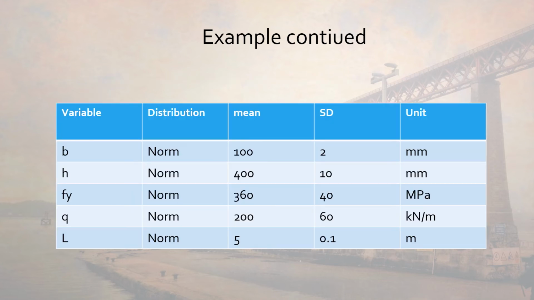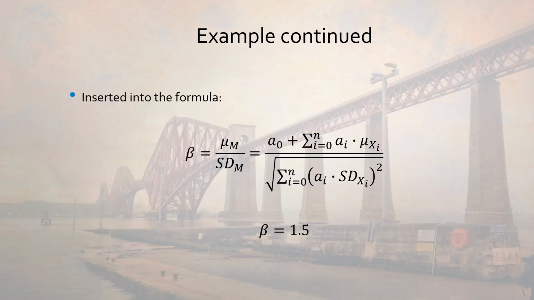If we keep the same mean value and standard deviation for the yield strength and the uniformly distributed load as earlier, but introduce a mean value and standard deviation for the breadth b, height h and length l, and insert this into the formula for the safety index, we achieve a value of the safety index of 1.5.